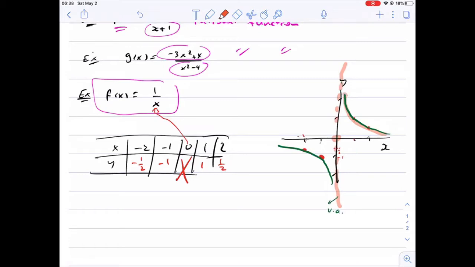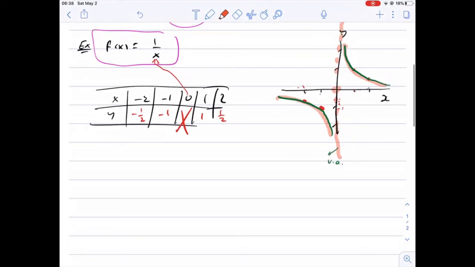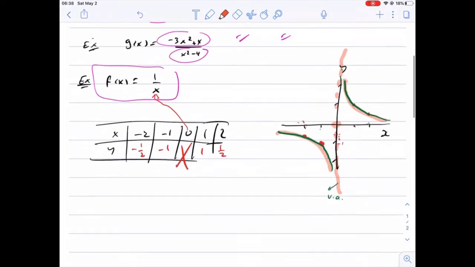And from here, the graph gets closer and closer to that vertical line as x approaches 0. We'll define vertical asymptotes later, but for now this is a vertical asymptote.